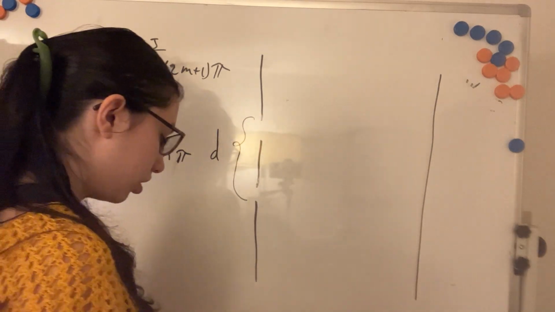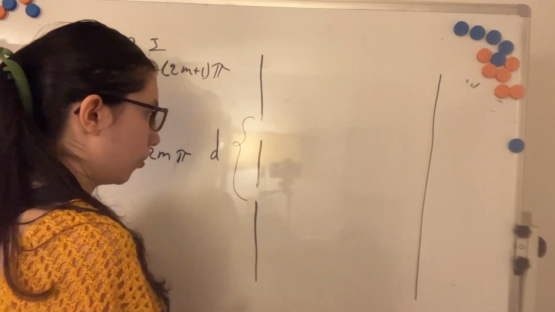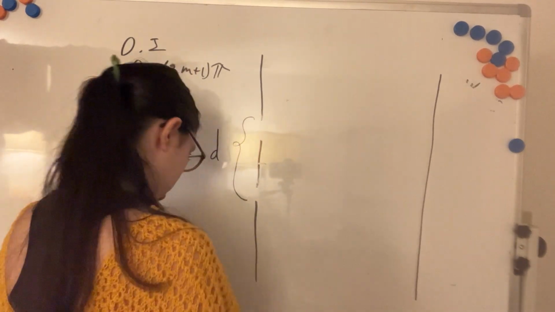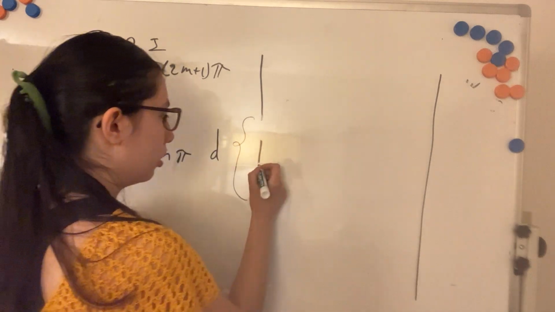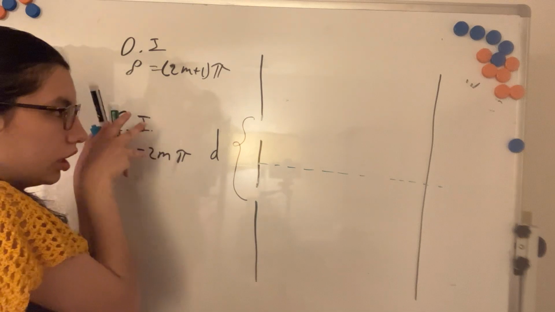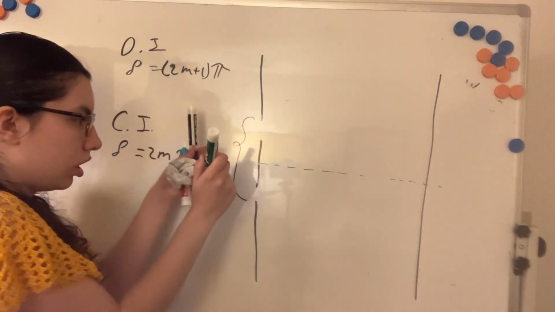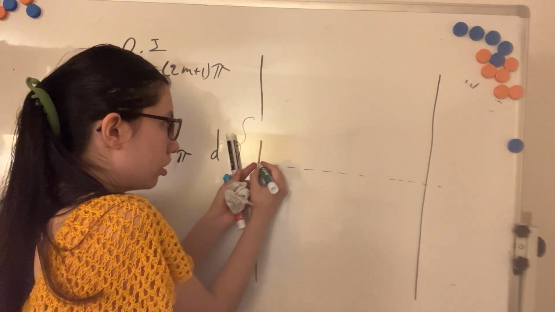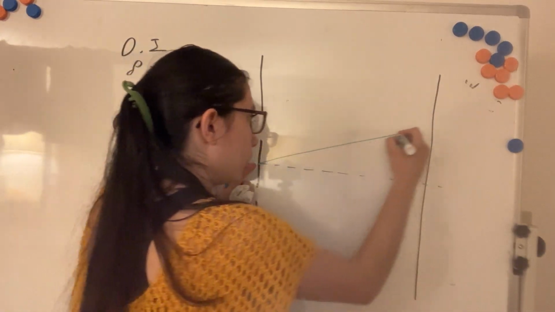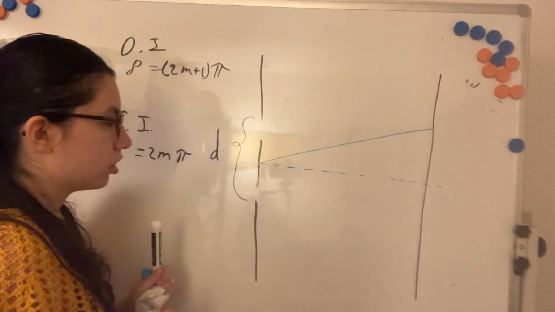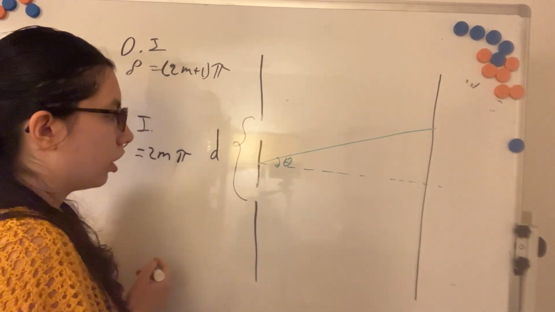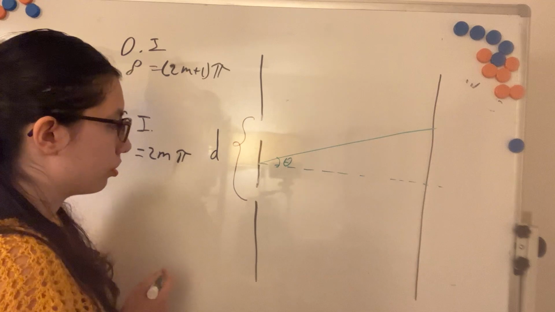The angle from the center, let me do it in green. This is the center. So we are shining light. The angle from the center to any point here is theta.